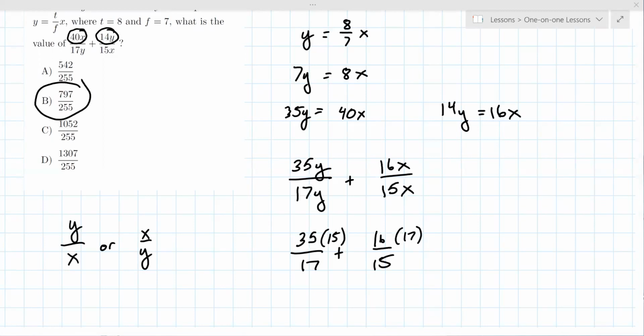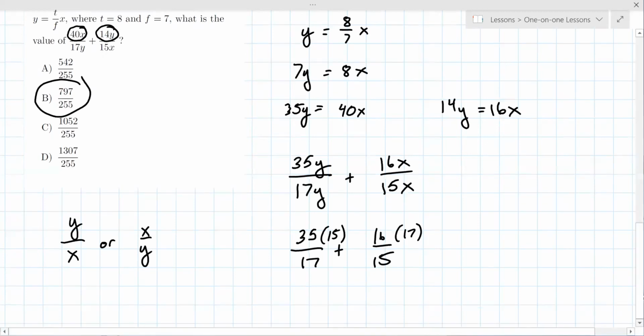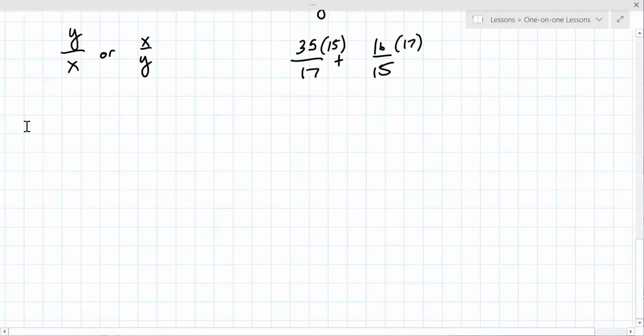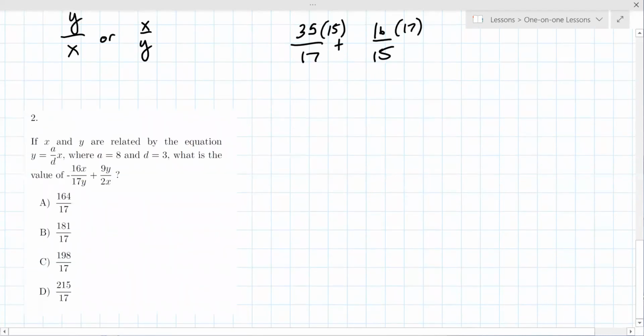So let's look at another one here. This one, I think, is more reasonable to do. I'd like you to try it though, substituting in for the numerator and the denominator. Actually, let me work through this one again with you because I think maybe this concept isn't super clear.